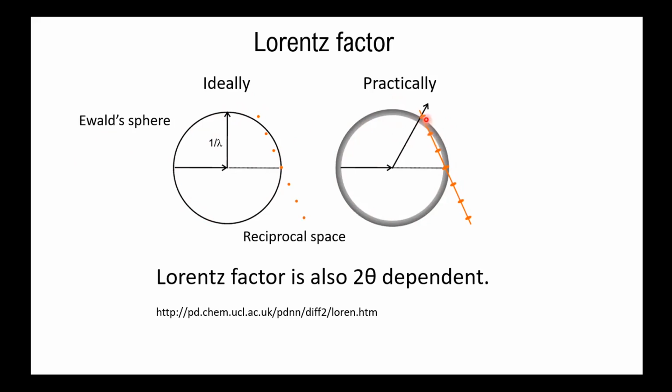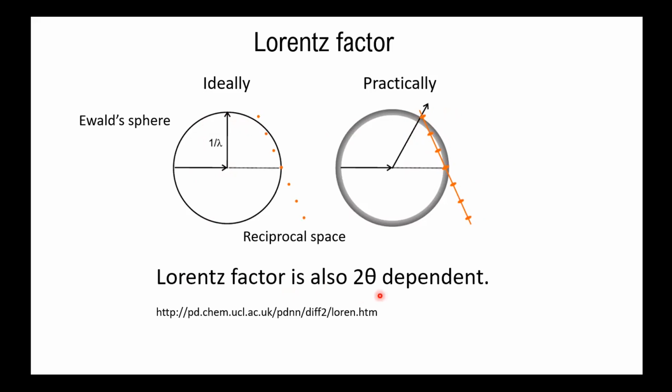So for this point, in principle, it would not intercept the Ewald sphere, right? But in practice, you see there's a slight overlap, and that contributes to the intensity. What the Lorentz factor describes is this phenomenon, and as you can already guess, this is also a two-theta dependent phenomenon.